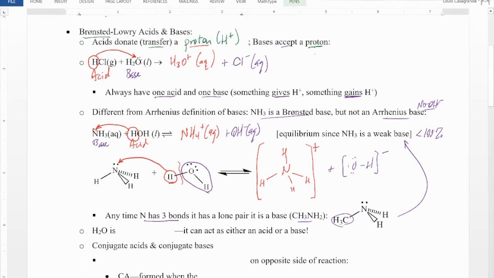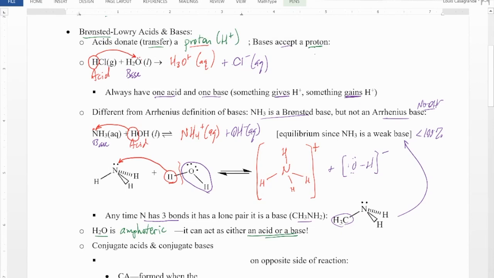pH from. H2O has a property that's called amphoteric, A-M-P-H-O-T-E-R-I-C. This is a property of being able to act as either an acid or a base.